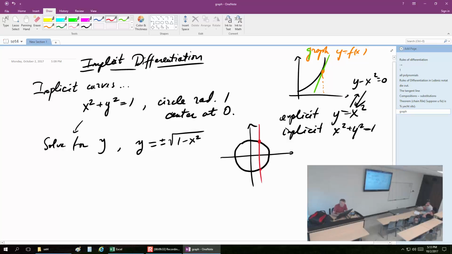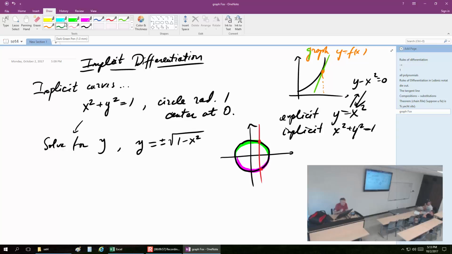Every time you'll get two possible answers when you solve for y. So you split it into two halves, and you could treat them separately and then solve whatever problem you want about it, including the tangent line. So it's not a problem in and of itself, but it is a difficulty, and once you get more curves, you really don't want to do it necessarily that way.